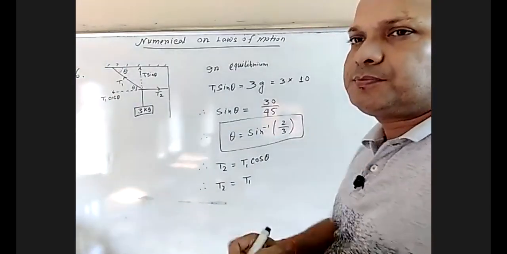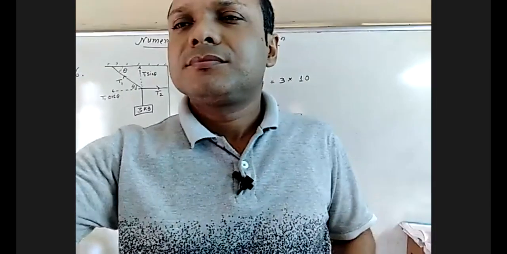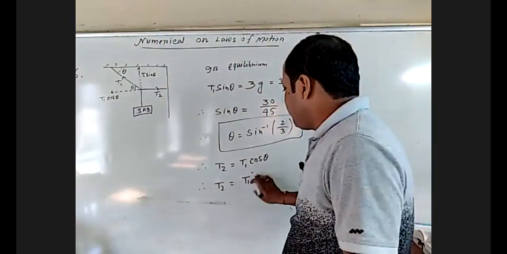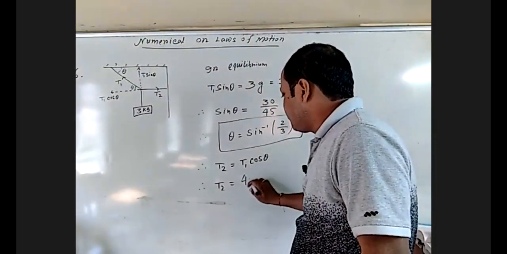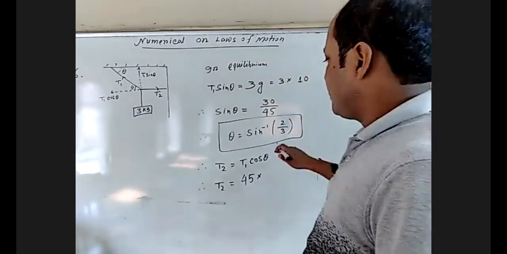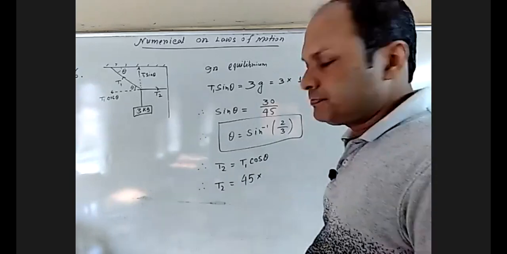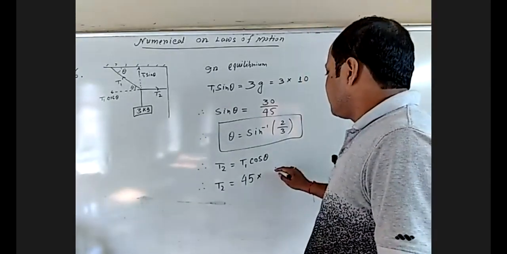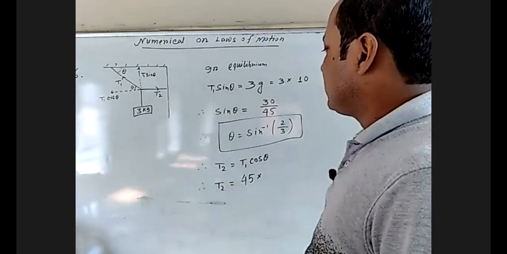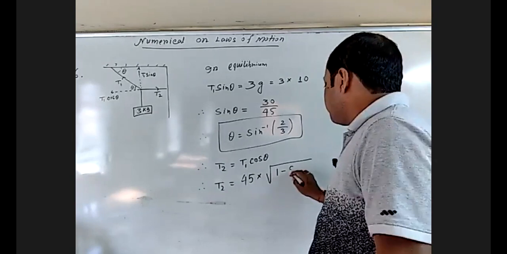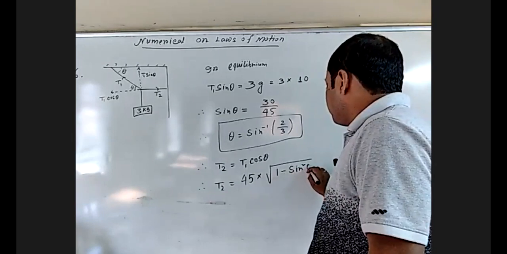T1 is 45. Now how can I find cos theta from sin theta? Sir, by squaring. Okay. If we know sin theta, then cos theta is root over 1 minus sin square theta.